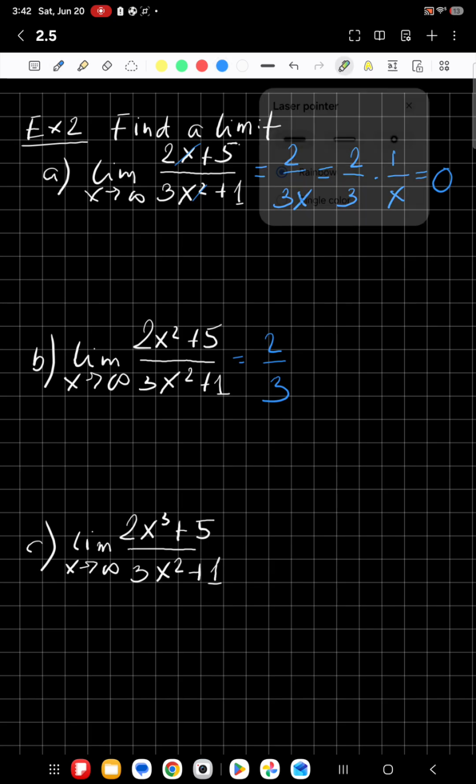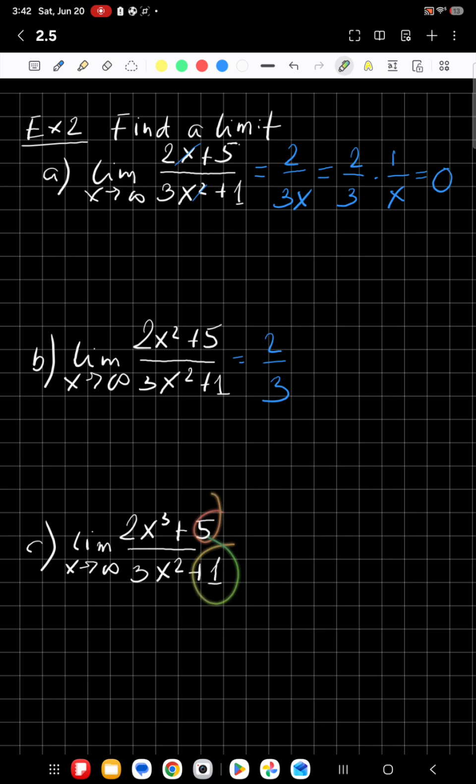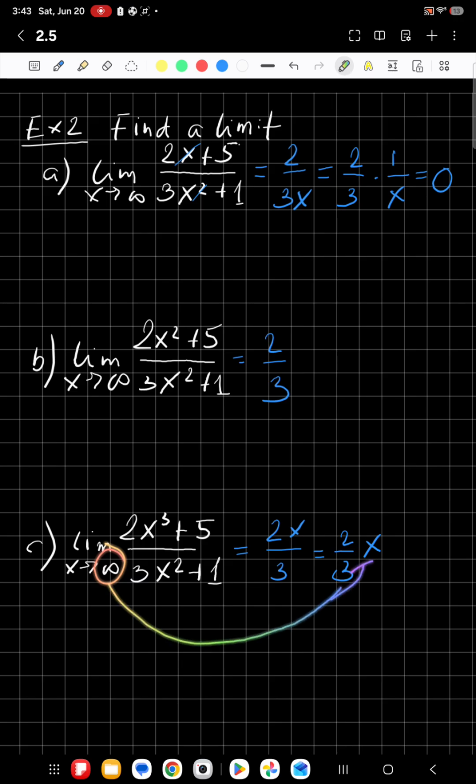Looking at the last one, these two are gone, and after I simplify it I would get 2x over 3, or simply 2/3 times x. If I plug in increasingly big numbers for x, I'll simply get infinity. That's our prediction, and now let's solve it algebraically.